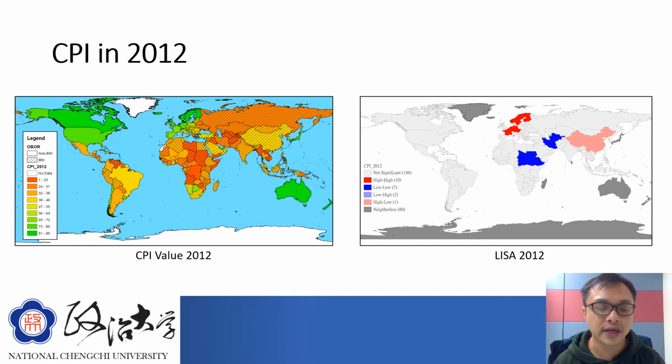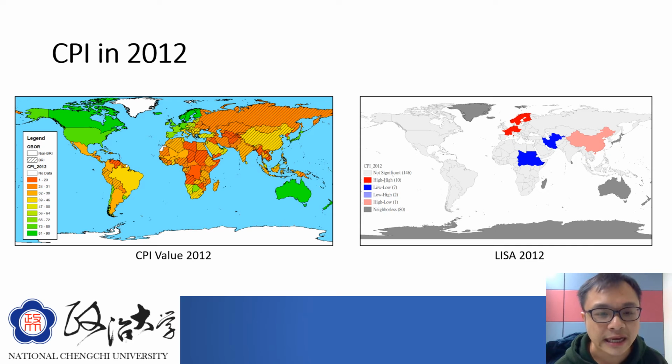This is 2012. For my research, I will use 2012 and 2019. 2012 because this is before BRI happened, and 2019 is the latest data I can find. You can see here the CPI values for 2012. The countries with slashes are the countries that joined BRI.